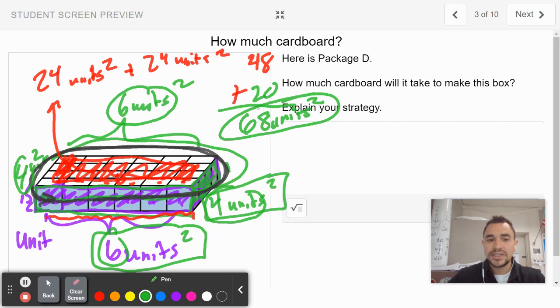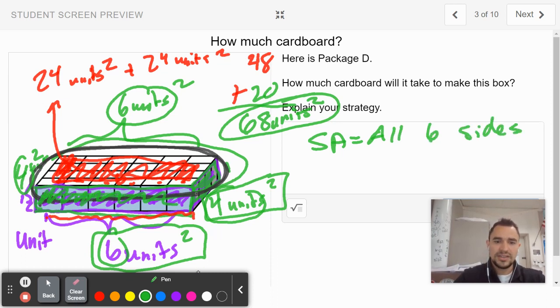And my strategy is I find the surface area of this right here. So it's just the area of that space. So it's the surface area of all 6 sides. There's 1 side, 2 sides, 3 sides, 4 sides, and then there's the top, and then there's the bottom.